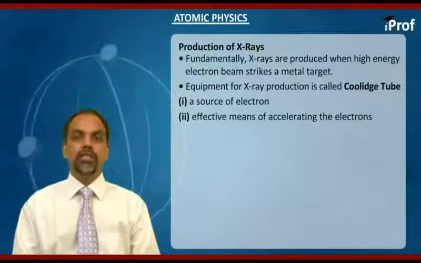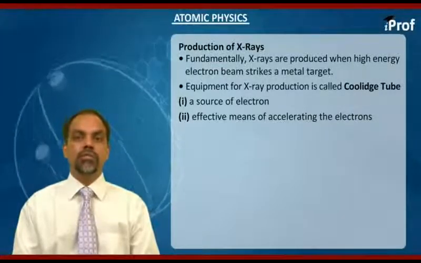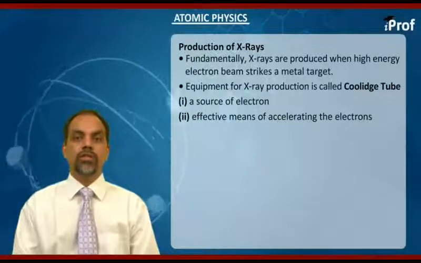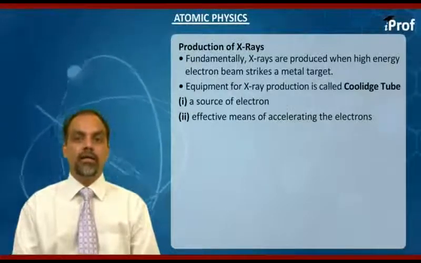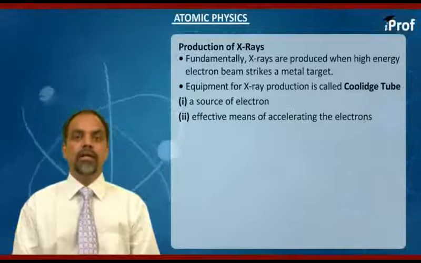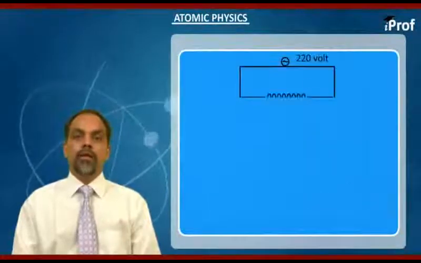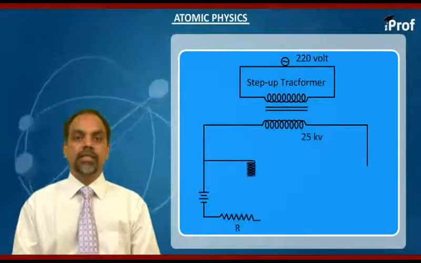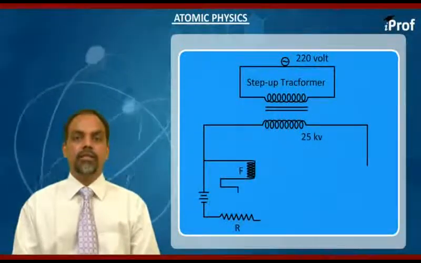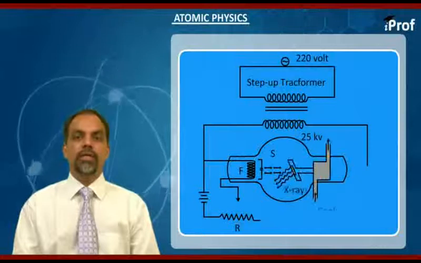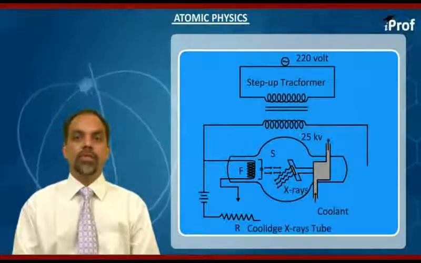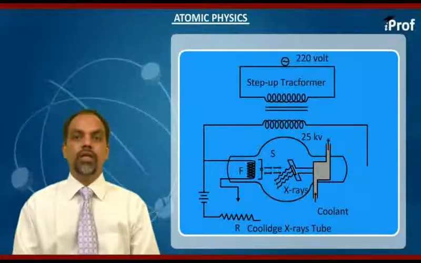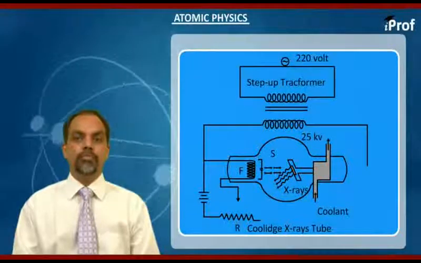So in X-ray production equipment we need basically two things: a source of electrons and an effective means of accelerating these electrons. The modern Coolidge tube schematic sketch is shown on the screen, and let's try to understand how these X-rays are produced using this equipment known as the Coolidge tube.